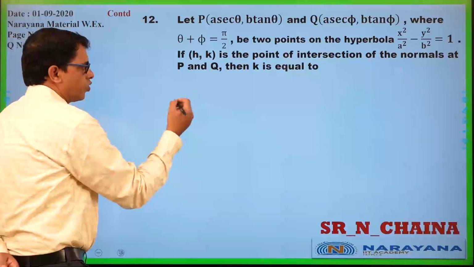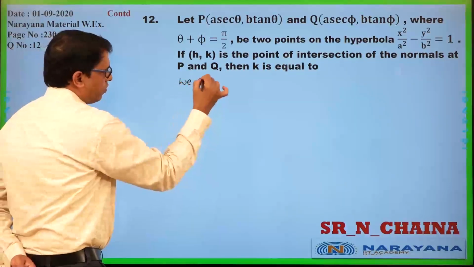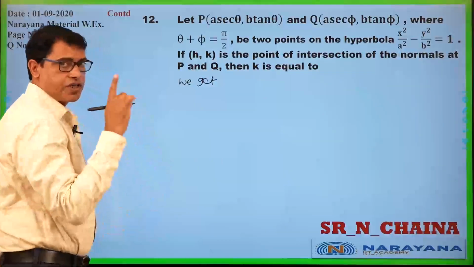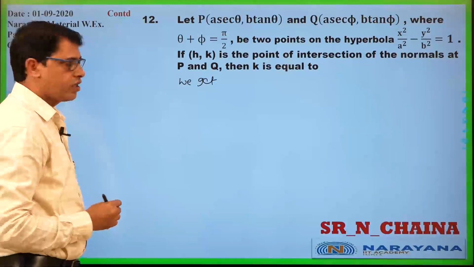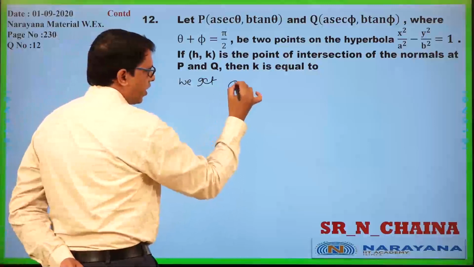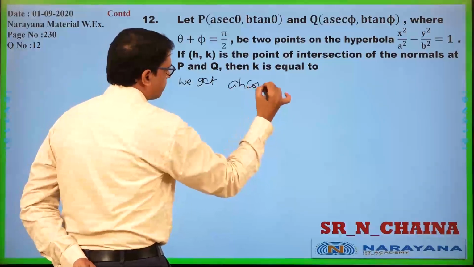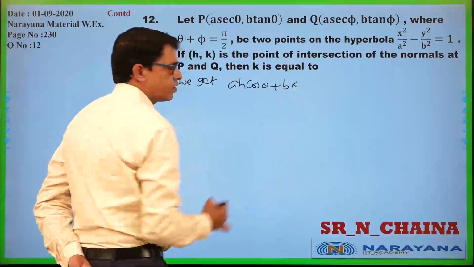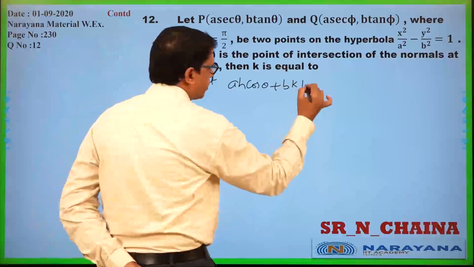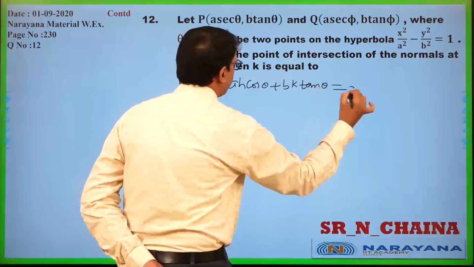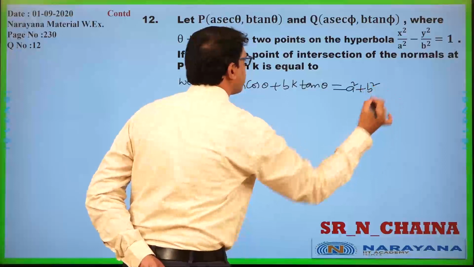In the first equation apply h comma k. That implies ah cos theta plus bk cot theta equals a square plus b square.